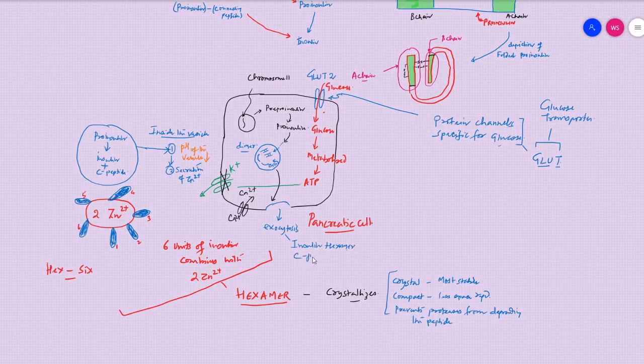C-peptide, and the pH was low. So all the contents of the vesicle will come out. The insulin hexamer which comes out immediately reaches a place where the pH is higher than within the vesicle. Inside we said the pH was low; now it is encountering a higher pH, and also bicarbonate ions.